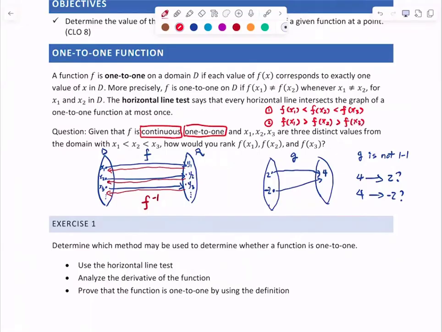But you can't zigzag because of continuity. So that's why if you have a continuous one-to-one function, it has to be either increasing or decreasing.